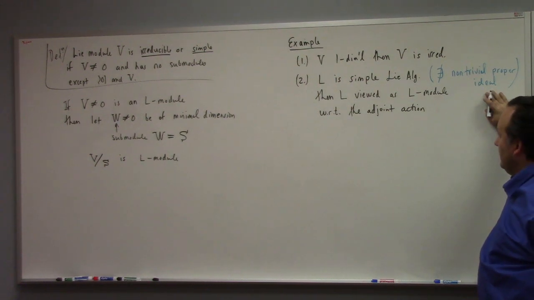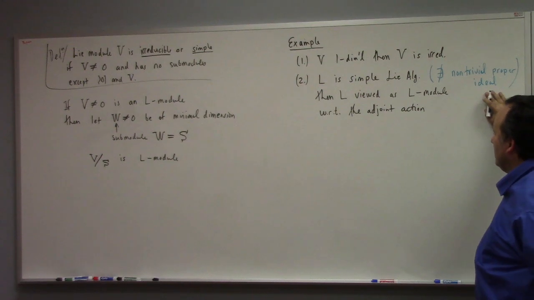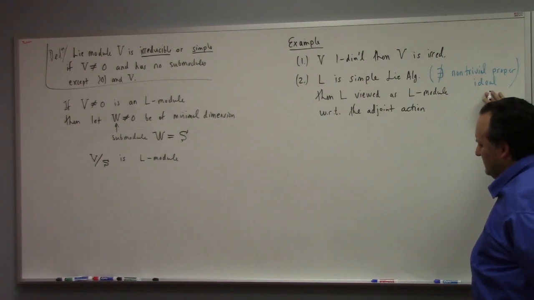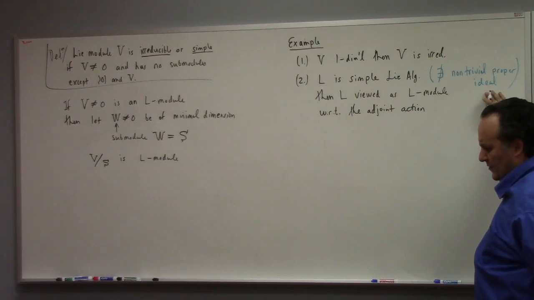So a simple algebra is one where the only ideals of the algebra are 0 or itself. And I don't know if we allowed 0 to be an ideal. I can't remember. We might have.